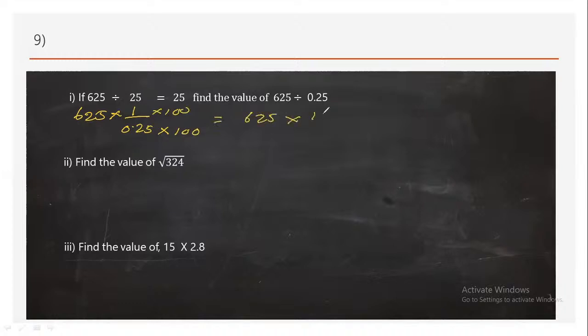So 625 into 100 over 25. Now look at 100 divided by 25, how much? That is 4. Then 625 multiplied by 4, what is the value here? That is 2000, right? Answer is 2000.